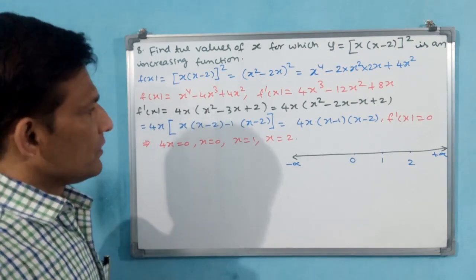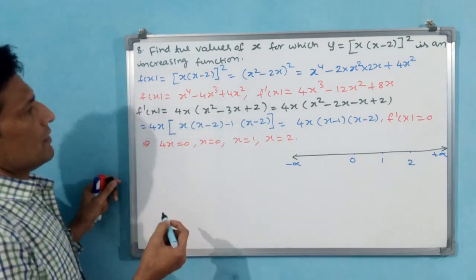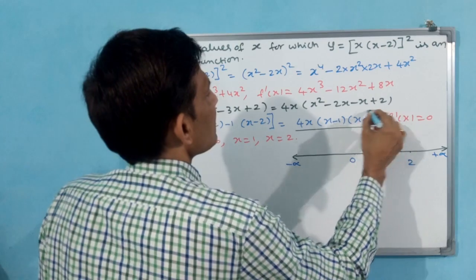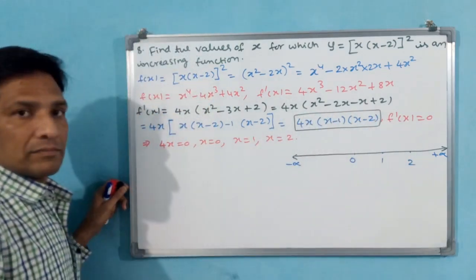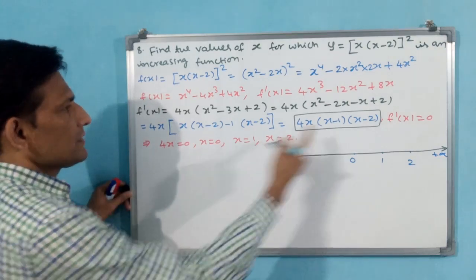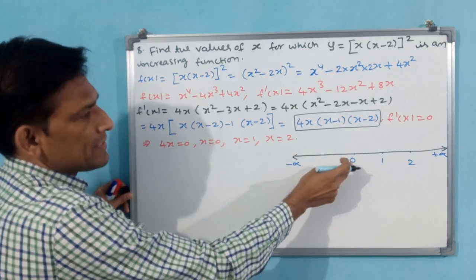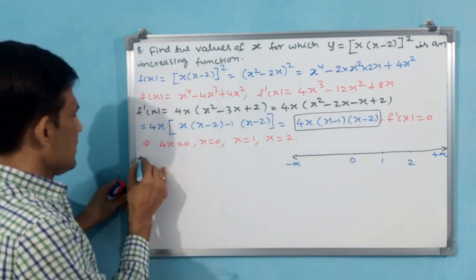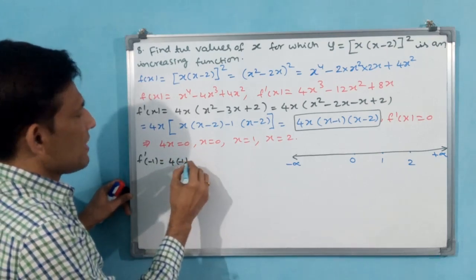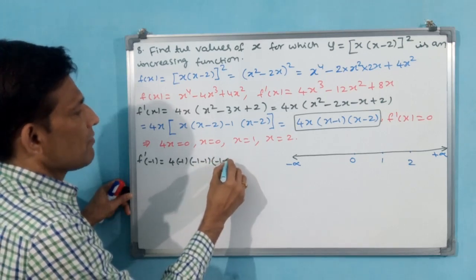Let us proceed. Minus infinity to 0 means, shall I take minus 1? f dash x is this one; you apply the values. f dash minus 1 is equal to 4 into minus 1, minus 1 minus 1, minus 1 minus 2.